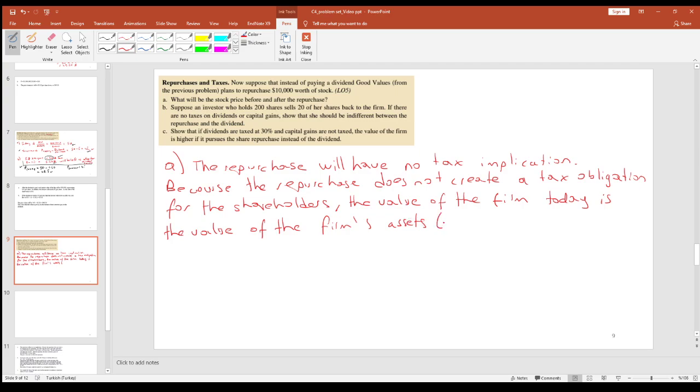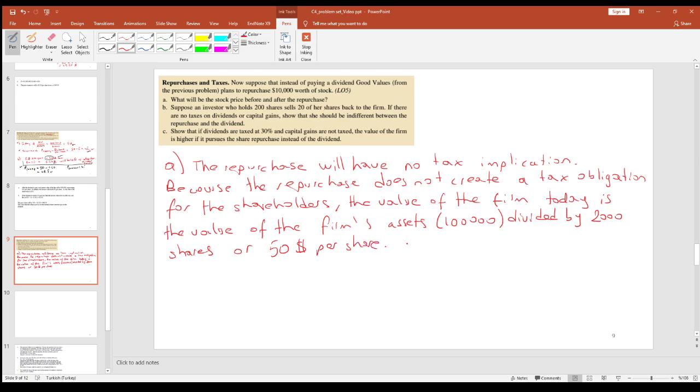Here assets is $100,000 worth. From the previous case, we know this. Divided by 2,000 shares, or $50 per share.